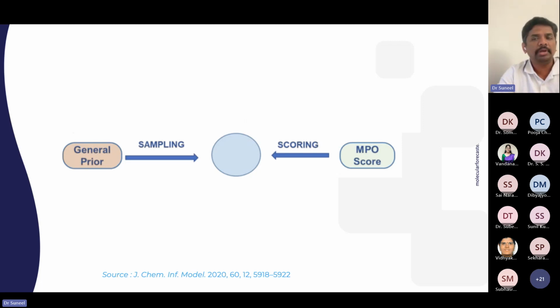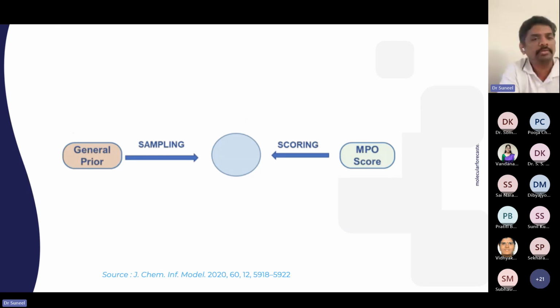Right, so it's a very simple model. I took an example from the REINVENT model. Here the general prior is nothing but the basic RNN model that is trained on the ChEMBL dataset, or the eMolecules database or GDB database. ChEMBL is a biologically active database with around, I think, 4 million compounds, with biological activity curated manually from the journals.